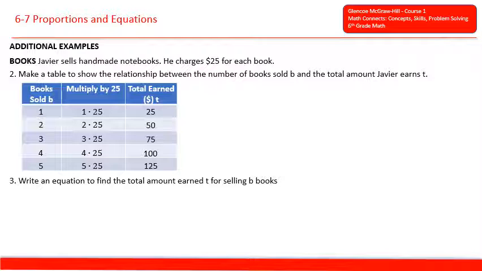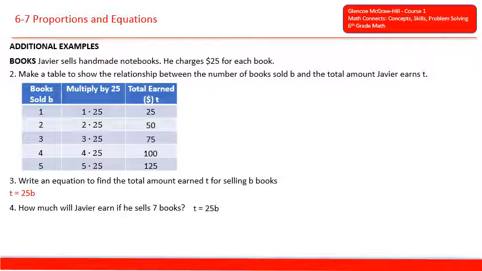Write an equation to find the total amount earned, T, for selling B books. So the equation would be T equals 25B, or total earned equals $25 times the number of books he sold. How much will Javier earn if he sells 7 books?